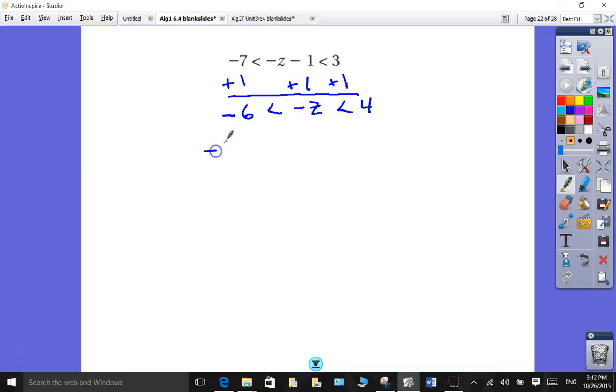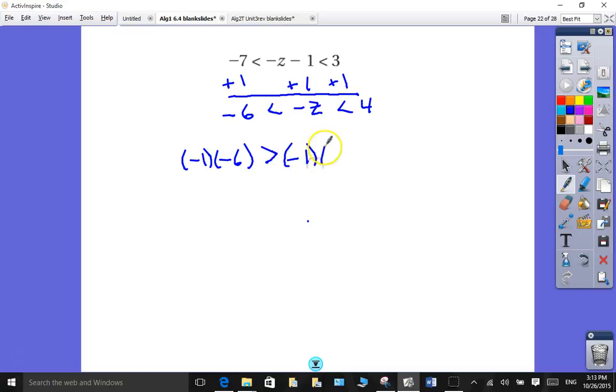So this is negative 6. I didn't mean to say that. Sorry. This is going to be negative 1 times negative 6 is less than, oops, I am making mistakes, getting late, is greater than, right? At the point I multiply by negative, I've got to flip these.